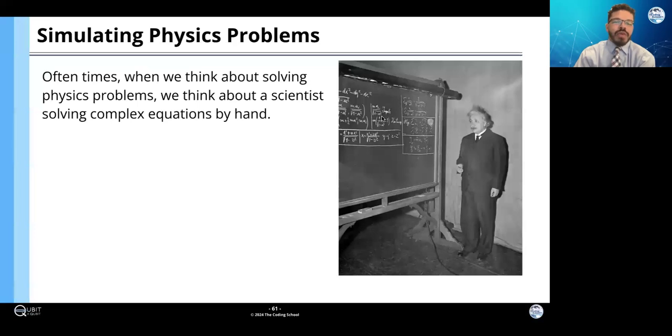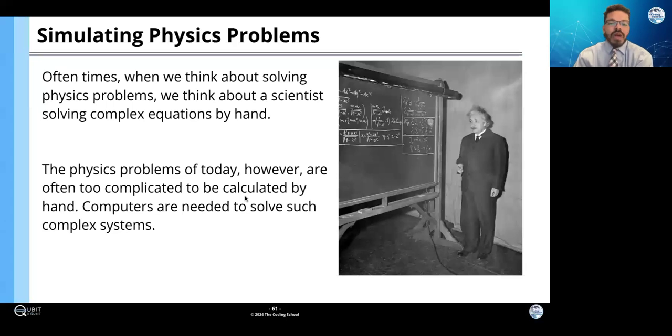Frankly, that's not really how physics is done these days. You still have these crazy intelligent people, but it's an interaction between simulation and experiment and theory that takes lots and lots of people and lots of computers.